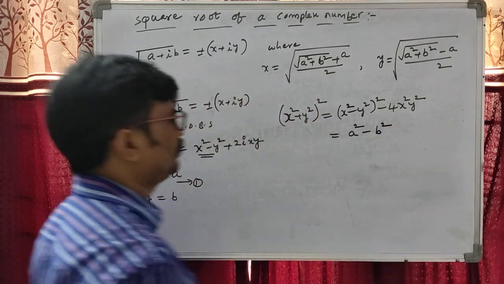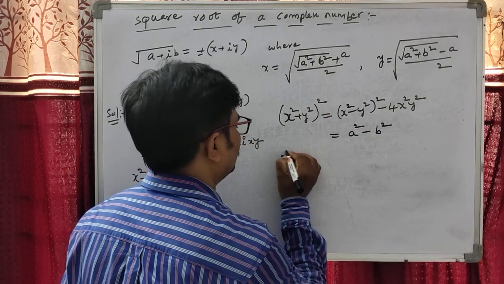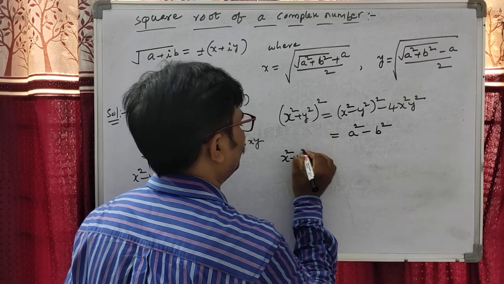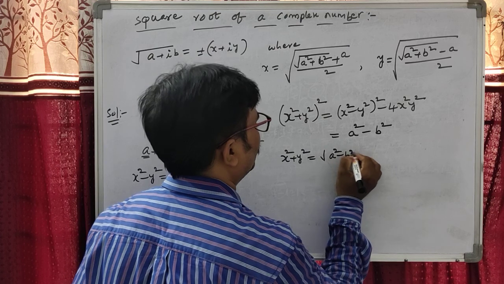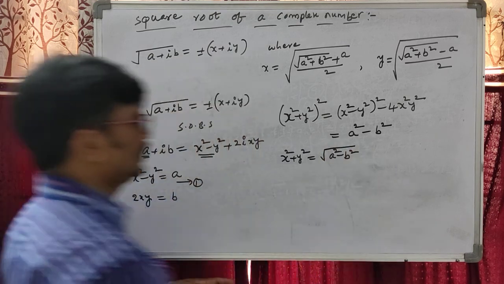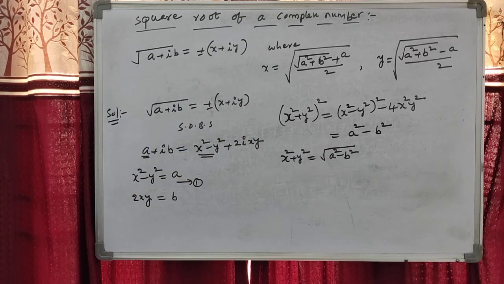So x square plus y square equals the root of a square plus b square. This is the value of x square plus y square.